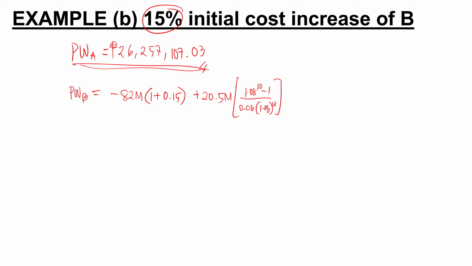So I'll not write everything here, I'll just write the added values times 1.08 raised to 10 minus 1 over 0.08 times 1.08 raised to 10. And as well our salvage value of 8 million times 1.08 raised to negative 10.